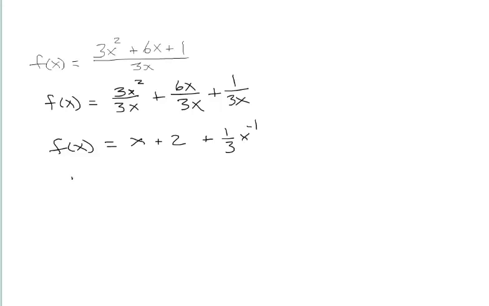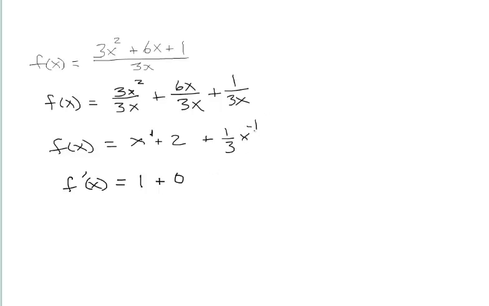And now I'm in a form where I can use my power rule. So f prime of x is equal to, the derivative of x is 1. Remember, x to the 1. So we multiply the 1 down, and we take 1 away from x, which is x to the 0. The derivative of a constant is 0, so the derivative of 2 is 0.